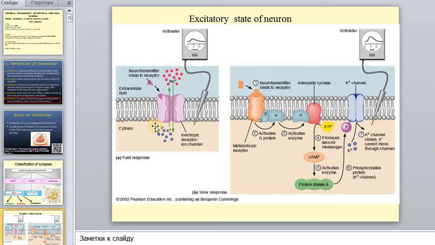Here I will remind you what happens to a neuron when it is excited and excitatory neurotransmitters act on it. The postsynaptic membrane of the synapse can respond quickly due to ion permeability, or form a slow response through metabolic reactions and activation of G proteins.